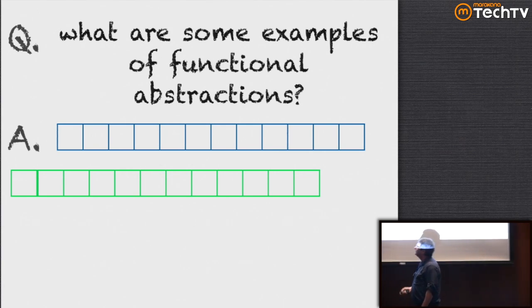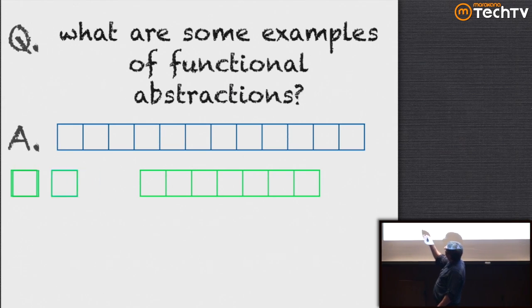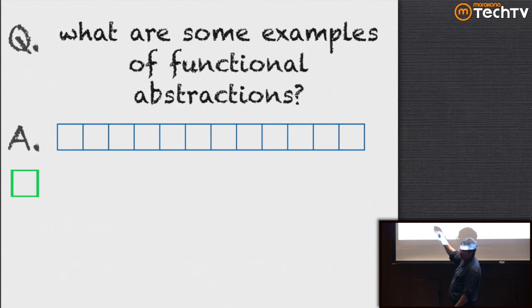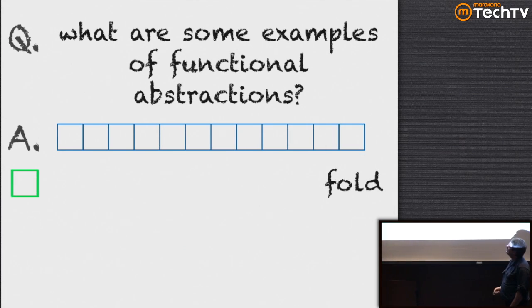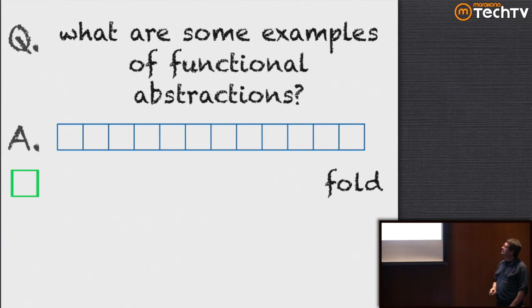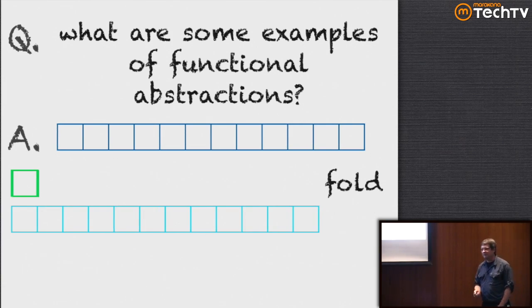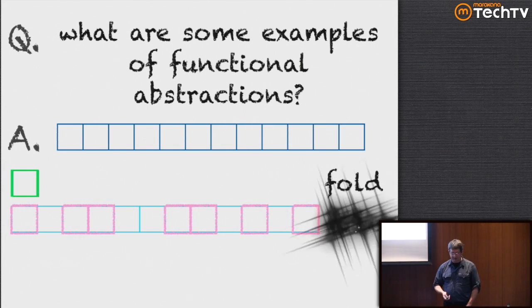One way is to take the first element, add the second element onto it, and make that the new first element, and then do the same again over and over. If the operation you're using is plus, then what you're left with is the sum of that list. That's known as a fold or reduce in the functional programming world. You're reducing that down or folding it down to a single value.